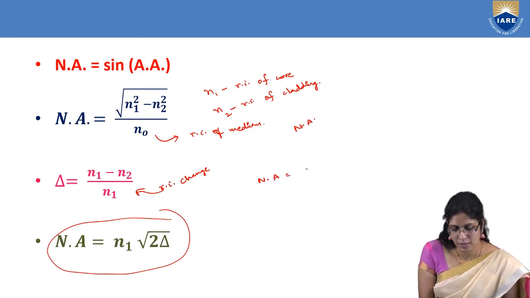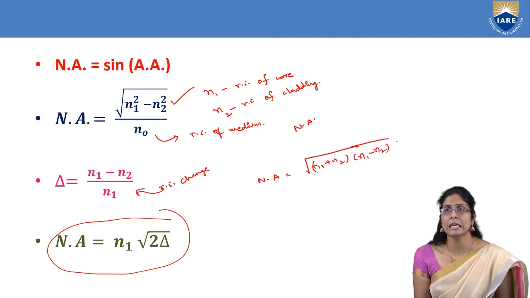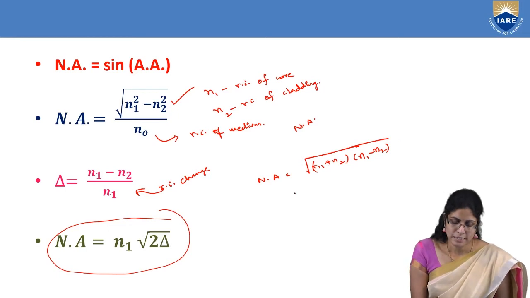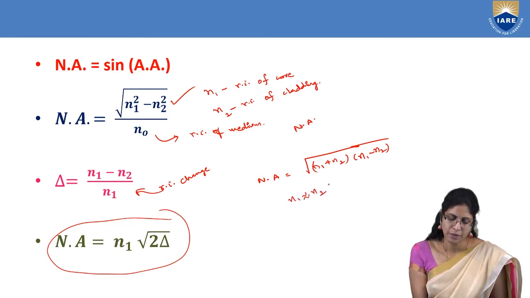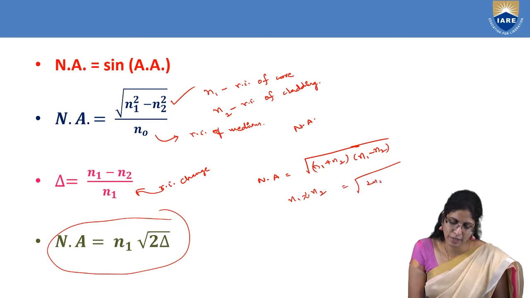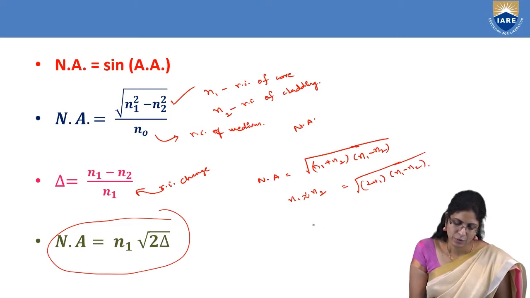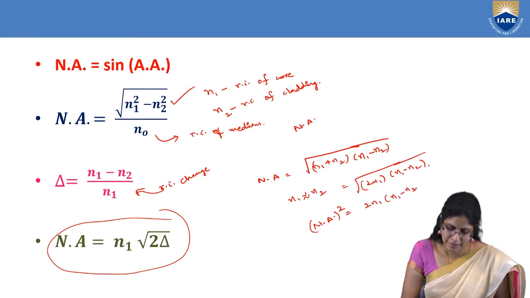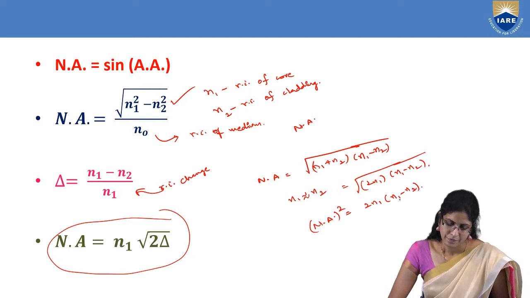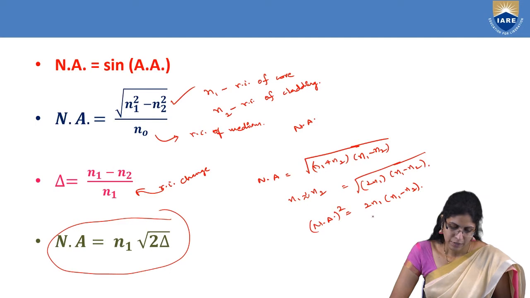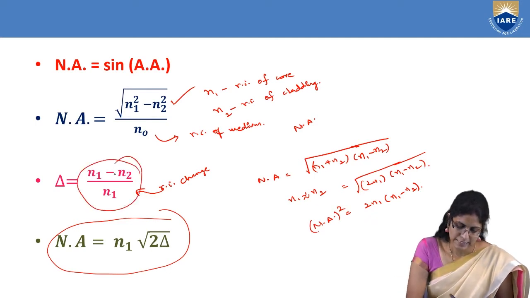Numerical aperture is equal to square root of a square minus b square. Here it can be written as n1 plus n2 into n1 minus n2 by 1 when you take it in air. And we know that n1 is almost approximated to n2, so you can take this as 2n1 into n1 minus n2, and you take the square root of it. So n1 minus n2 from here, you can get it as delta n1.